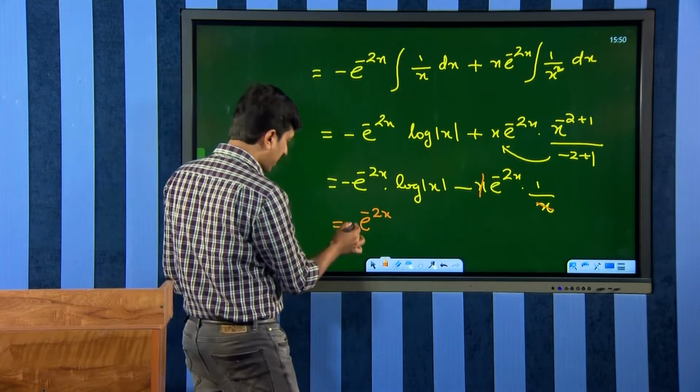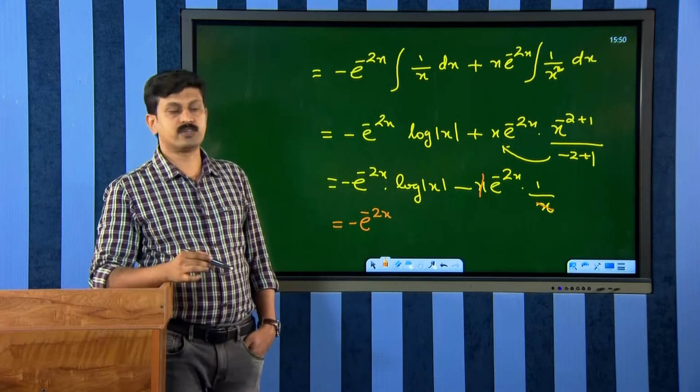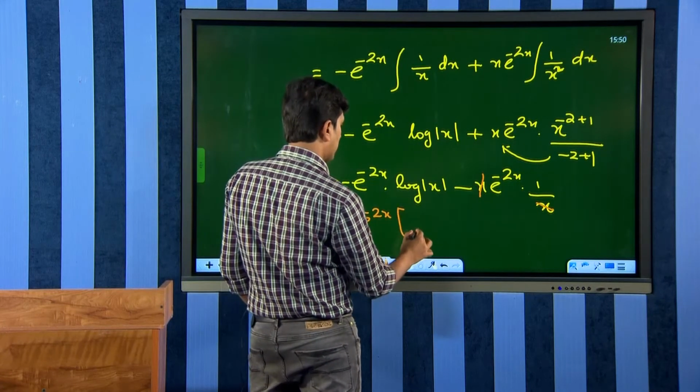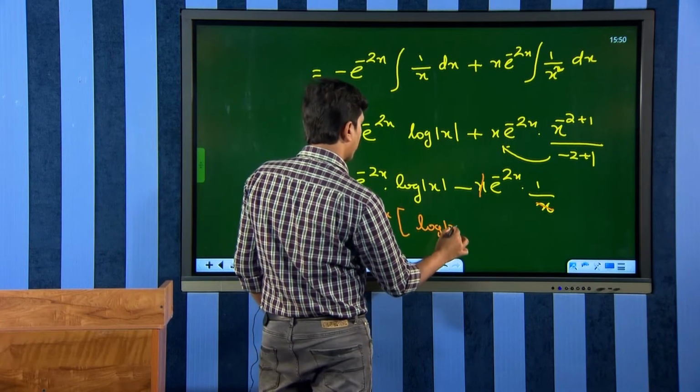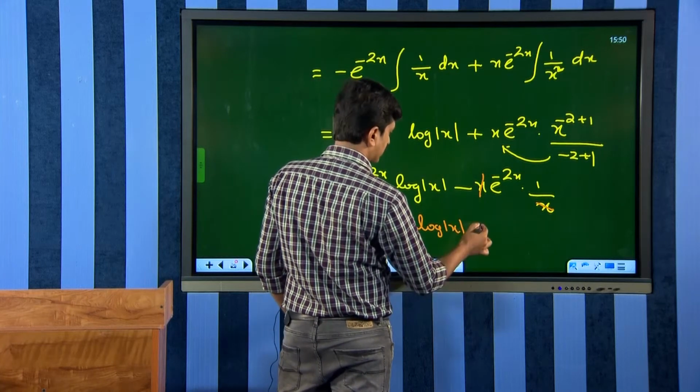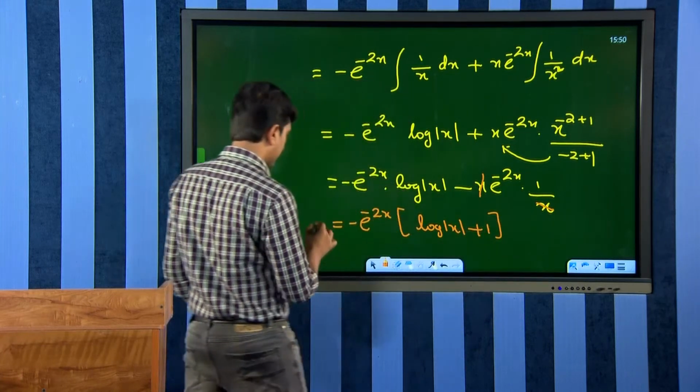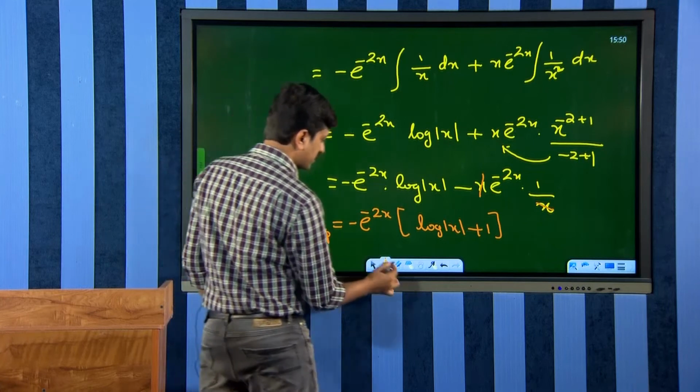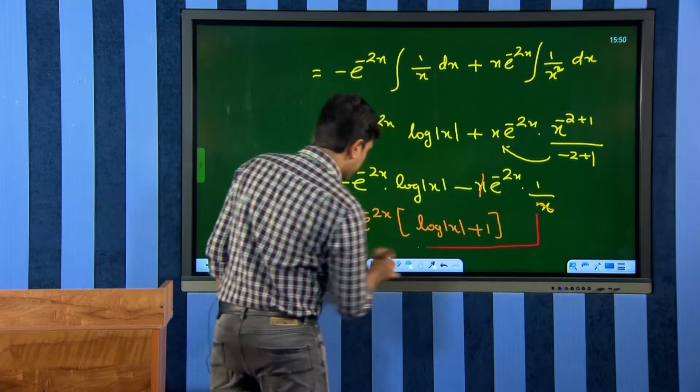So, I took minus e raised to minus 2x times log mod x plus 1. Okay, fine, this is yp.